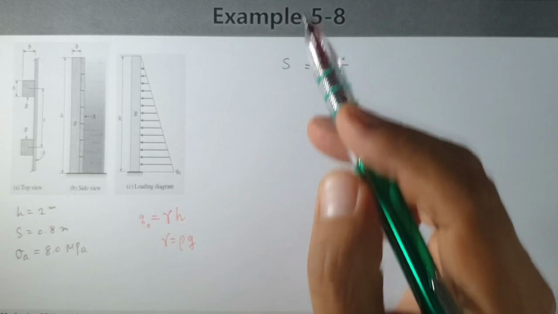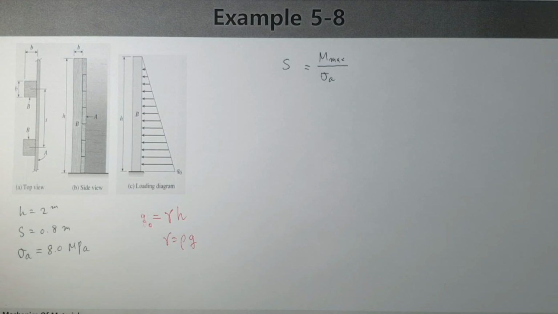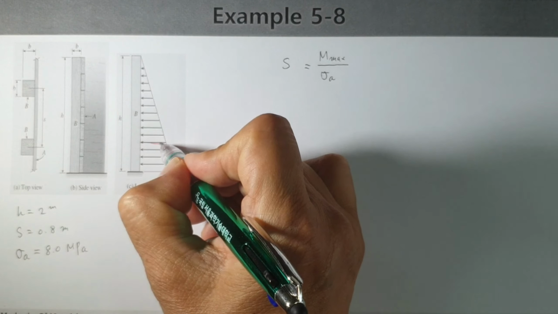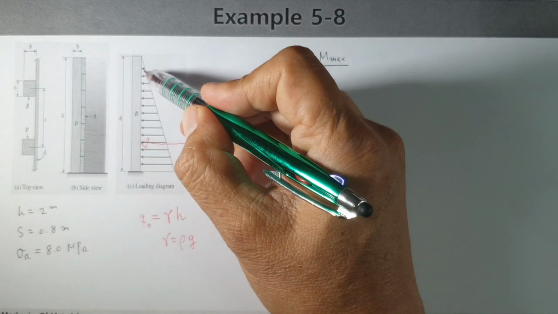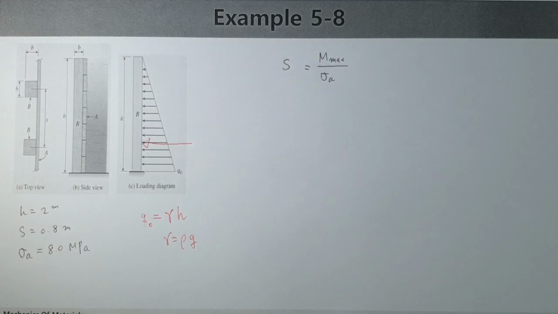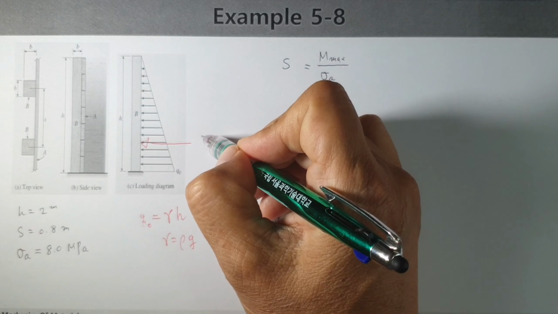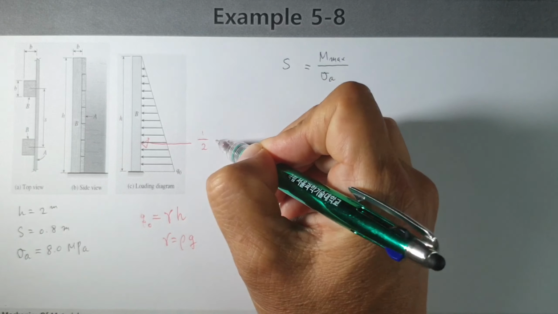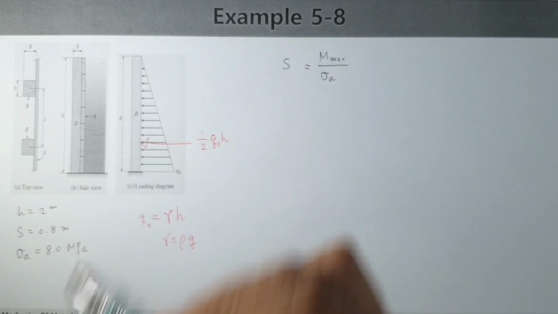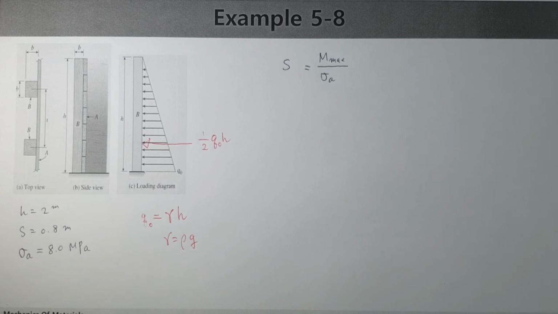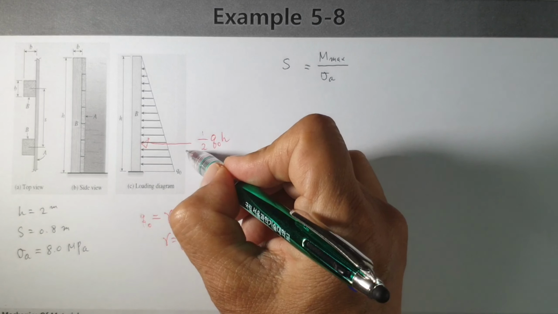Then it is equivalent to this one. This is the area of the triangle, and the triangle is 1/2 q0 H. Of course, this distance is what?